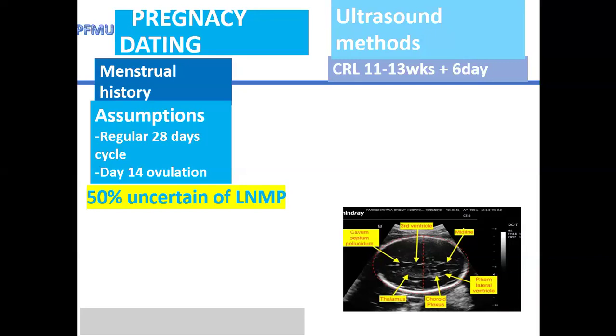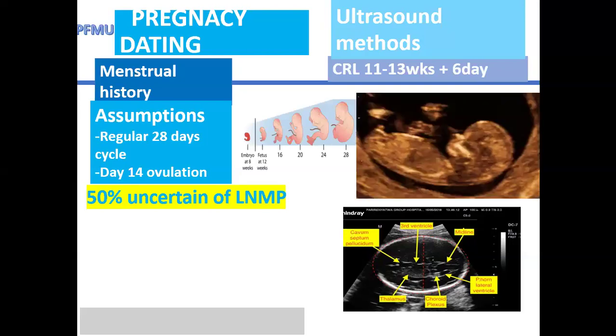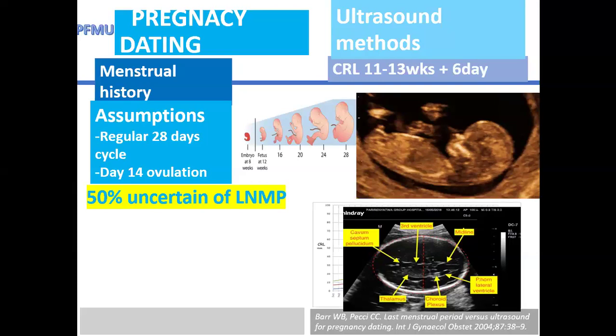And it has been proven that I think close to 50% of women are uncertain of the date. So to now use the LNMP as a dating method, it becomes unreliable in almost 50% of cases.